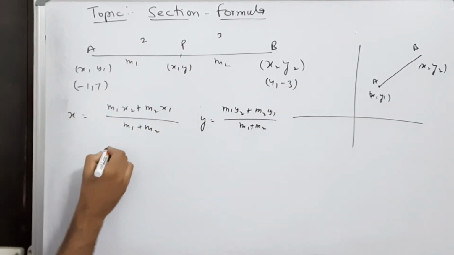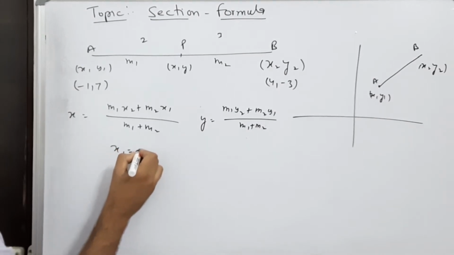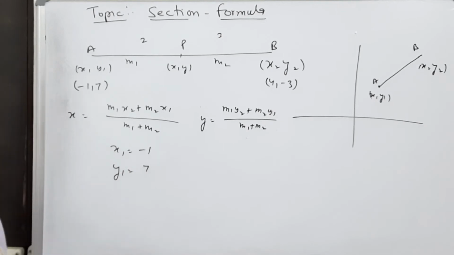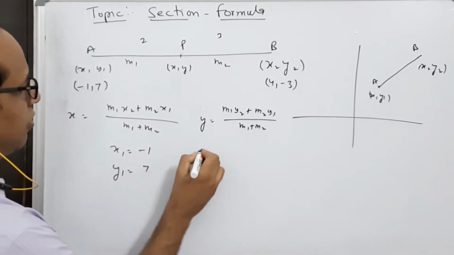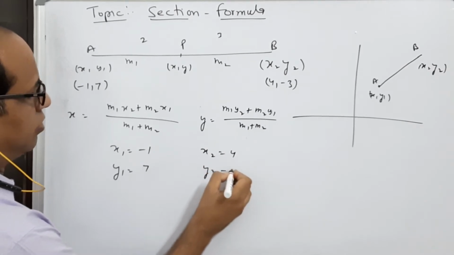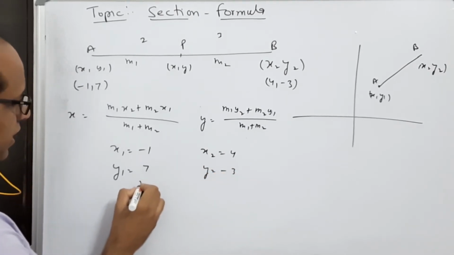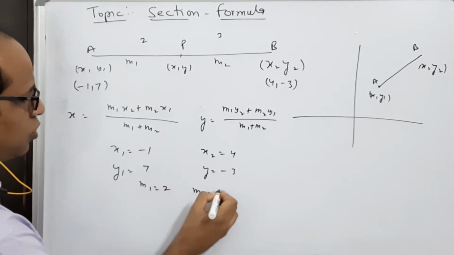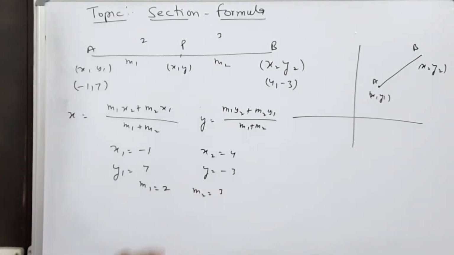Now in that case, what will be the value of x1? -1. The value of y1 will be 7. The value of x2 will be 4 and the value of y2 will be -3, and the values of m1 and m2 will be 2 and 3. Please see these values.